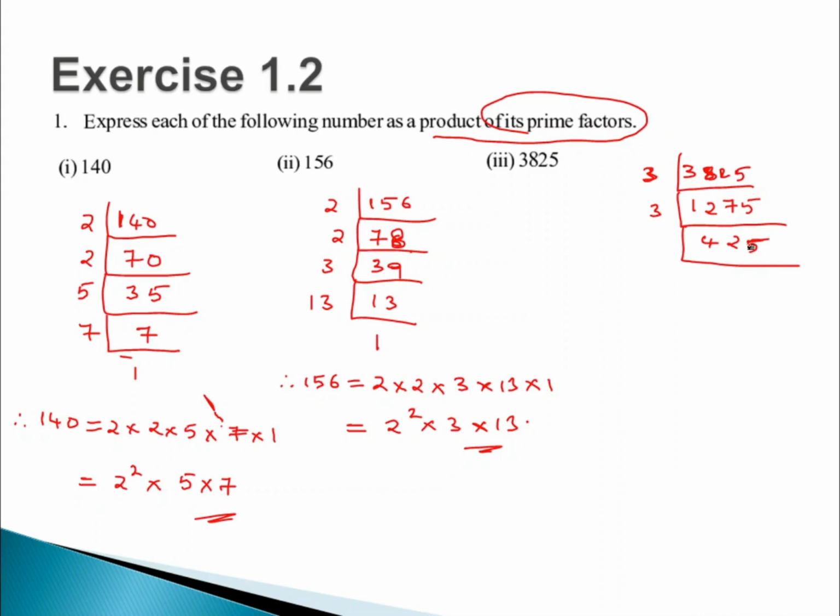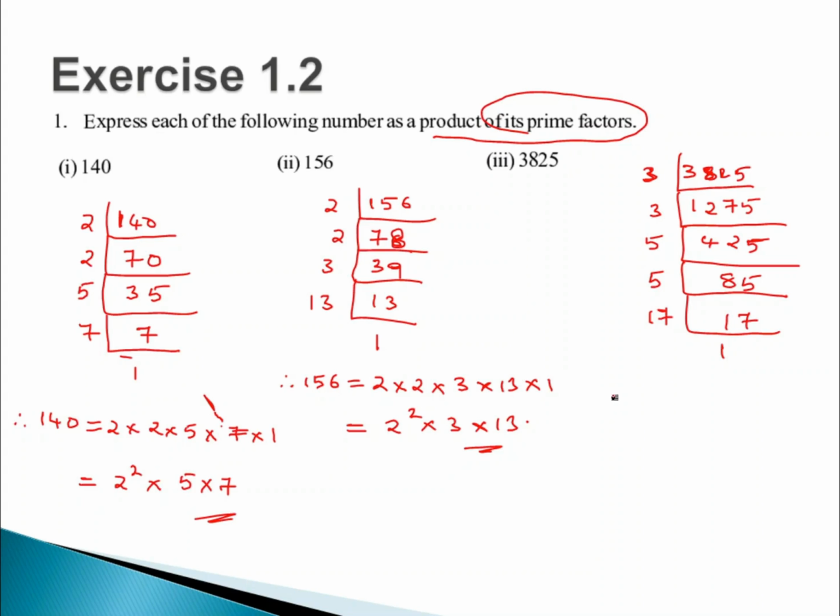Is it divisible in your 3 table? No, it's not divisible. It is divisible in your 5th table, right? So 5 eights are 40, we get 85. Again, this is divisible in your 5th table. 5 ones are 5, and 5 threes are 15, and we get 17.